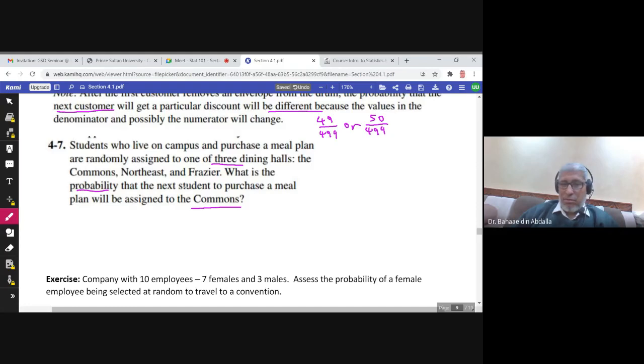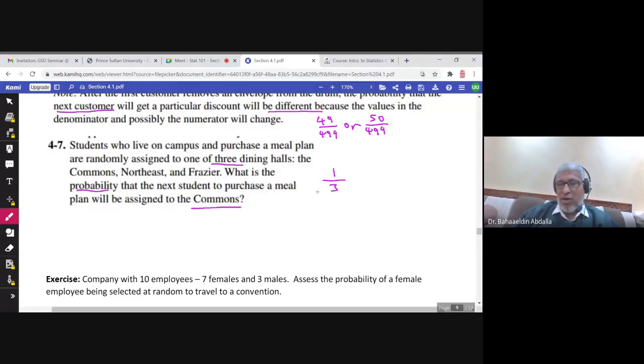Okay, the next student, the student did not go yet. So what is the probability that the next student will be assigned to one of these three halls? These are three halls, so he will be assigned to one hall. So number one hall would be 1, and three halls would be 3.